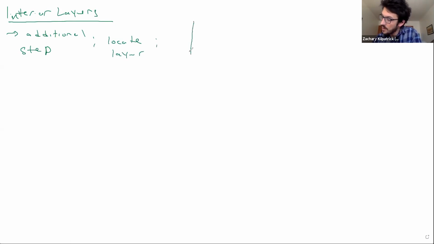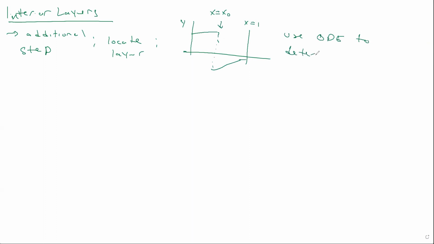And so in particular, if we have some ODE and we know that there's an interior layer somewhere, we can use information from the ODE to determine where our interior layer has to be.